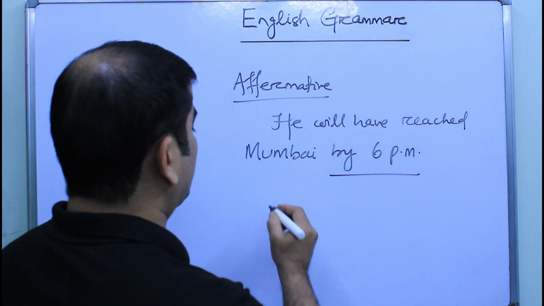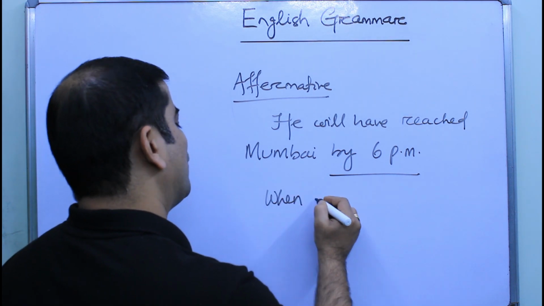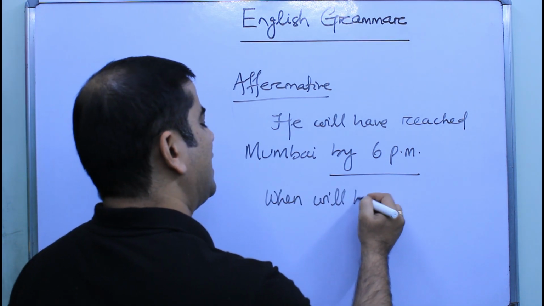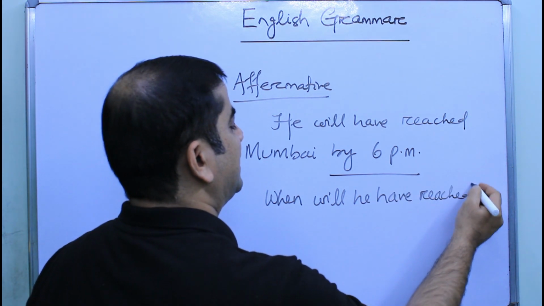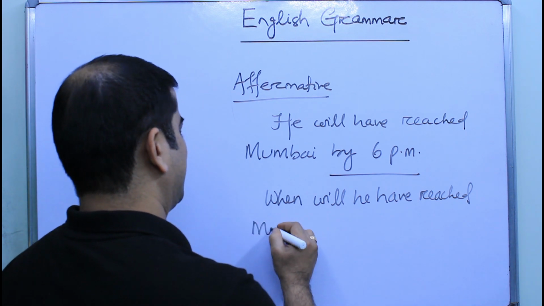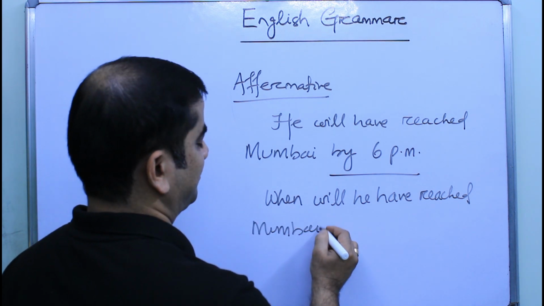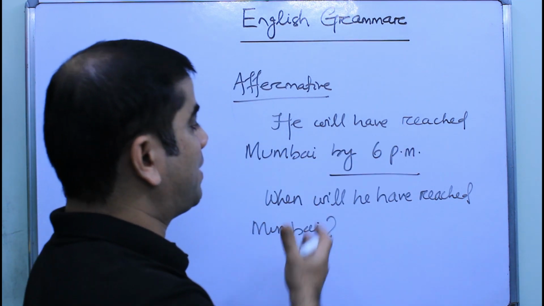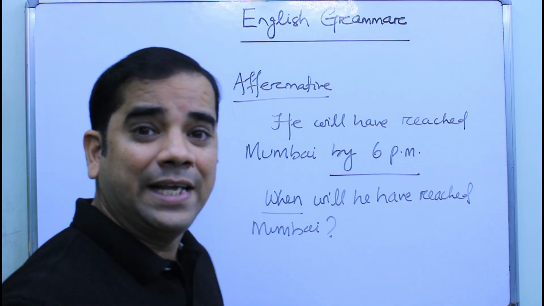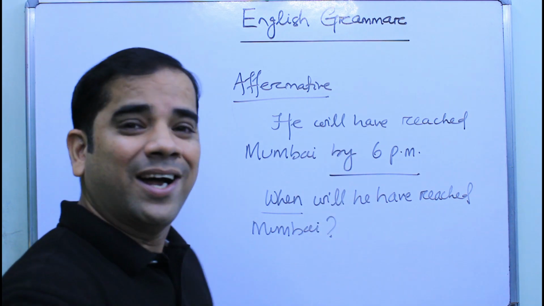So we should begin with when. When will he have reached Mumbai? When will he have reached Mumbai? He will have reached Mumbai by 6 p.m. When is used to ask about the time.